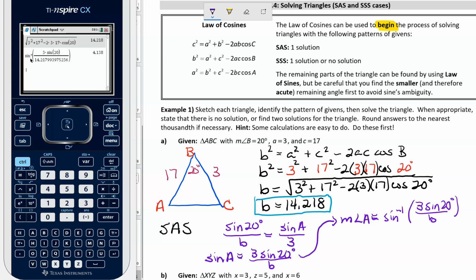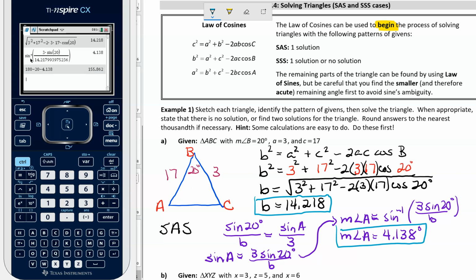This gives us a 3 decimal place approximation for the angle measure for A, which is 4.138 degrees, a very acute angle. Now that we have 2 of the 3 angles for the triangle, we can find the third angle by subtracting from 180. This is the easiest of the 3 parts to find.